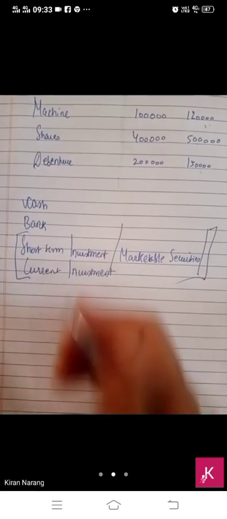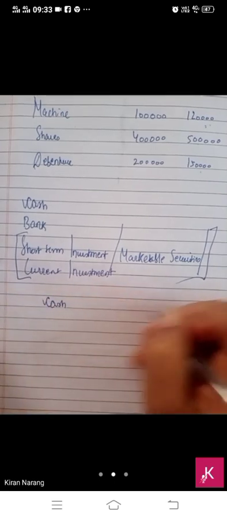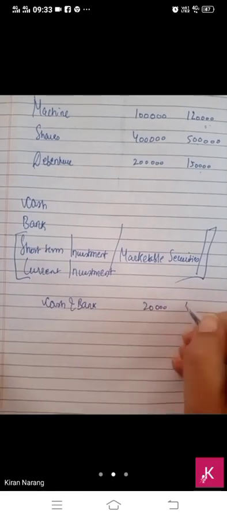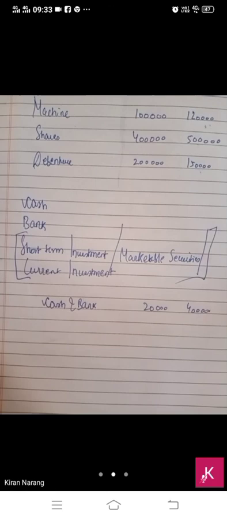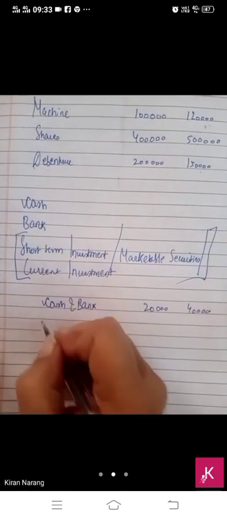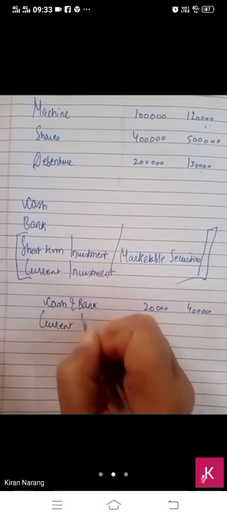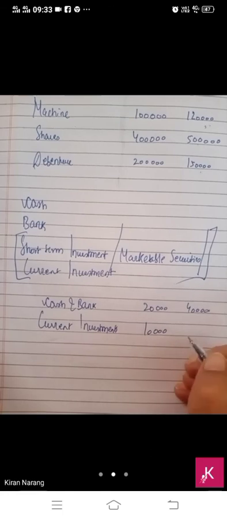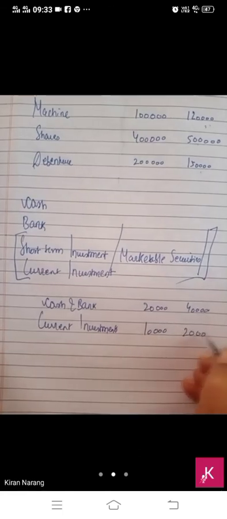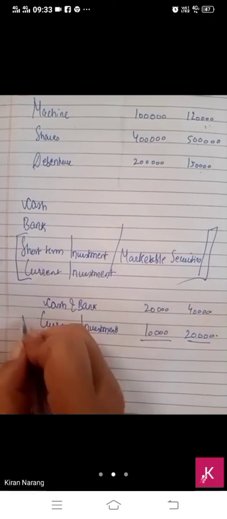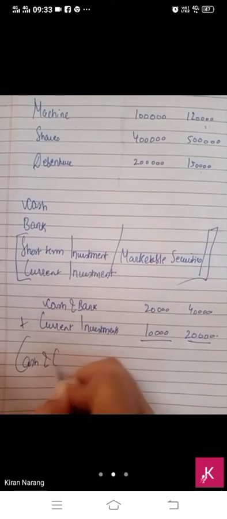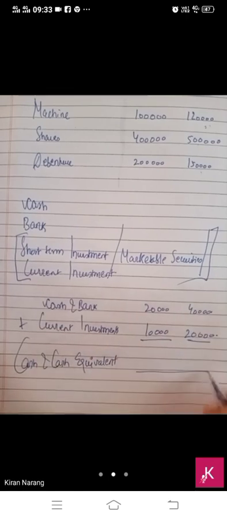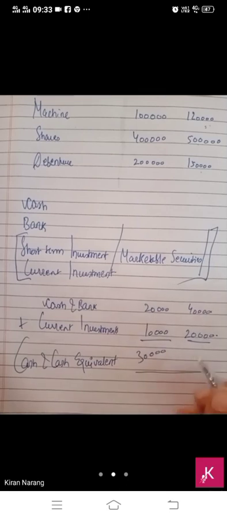Suppose in the question you have been given cash and bank, 20,000 for the beginning of the year and 40,000 for the end of the year. In addition, current investments are also given: 10,000 and 20,000. So you have to add them up to make total cash and cash equivalents: 30,000 opening and 60,000 closing.